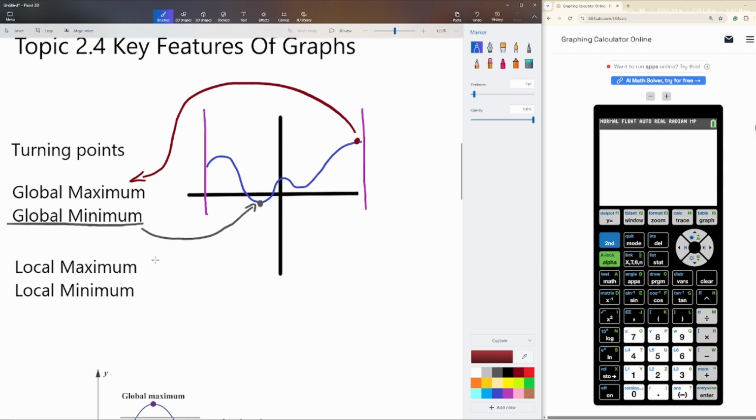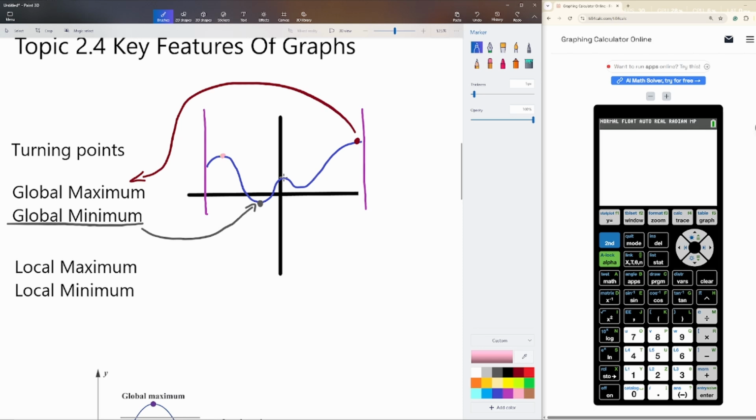While this might sound difficult, what I mean is that if your local maximum is somewhere here, then if you look to your right, you see that the y value has gone down. And if you look to your left, you can also see that the y value has gone down.